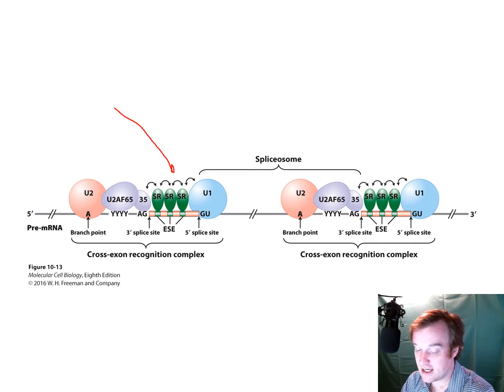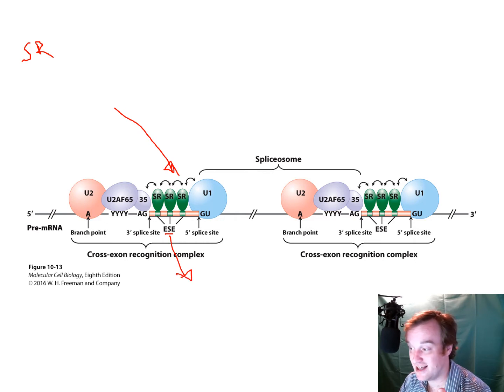You can see them right here. SR proteins are proteins whose interaction domains are rich with arginine, whose single letter abbreviation is R, and with serine, which is S, hence the name SR proteins. These SR proteins interact with exonic enhancer sequences, the ESEs, exonic meaning from an exon.